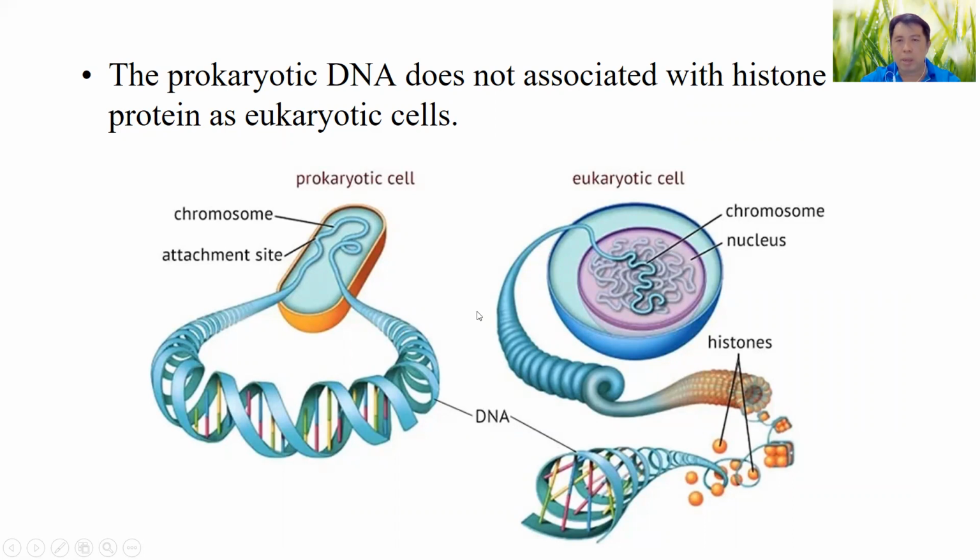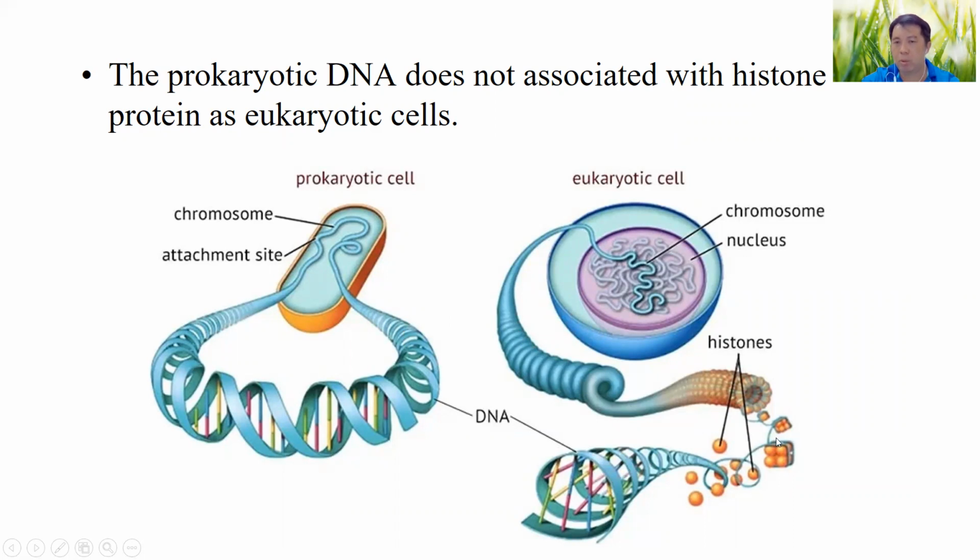When we compare this to the eukaryotic cell, the DNA of the eukaryotic cell is not in circular form; it is in linear form, and the double helix DNA is associated with histone protein.